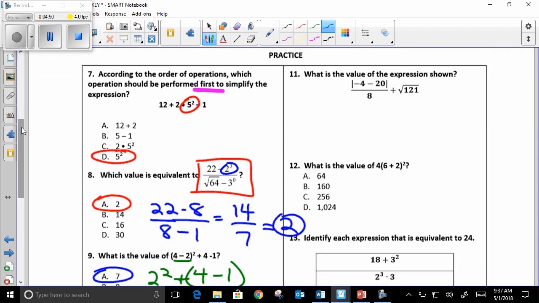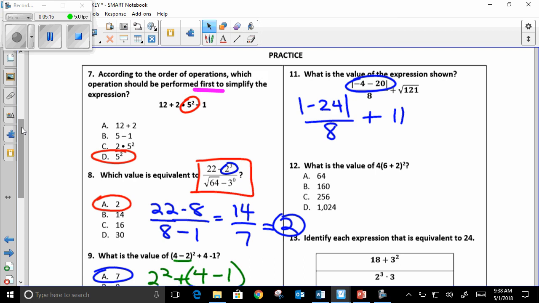Number 11, what is the value of the expression shown? 14 is correct. So when you solve this problem, you're going to solve the absolute value of a negative 4 minus 20, which you get the absolute value of a negative 24 over 8 plus 11.